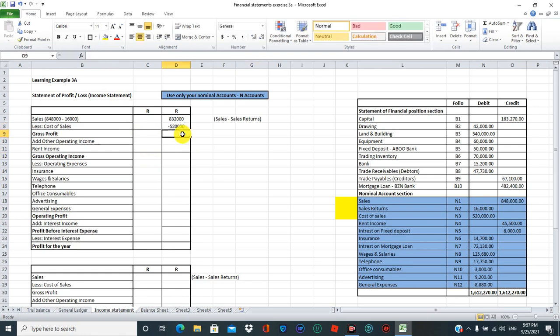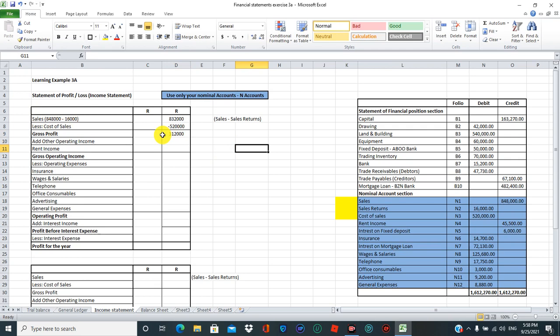If you take 832,000 minus 520,000, that gives you 312,123. So now you've calculated your gross profit: your sales minus your sales returns minus your cost of sales gives you your gross profit.